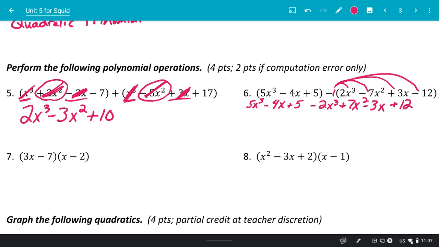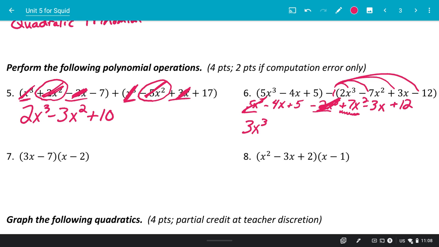Now that I've distributed the negative 1, I don't have to worry about any double signs. Now I can just combine my like terms. I've got an x cubed and an x cubed: 5 minus 2, 3x cubed. Done. Is there an x squared in here? Yeah, there it is.